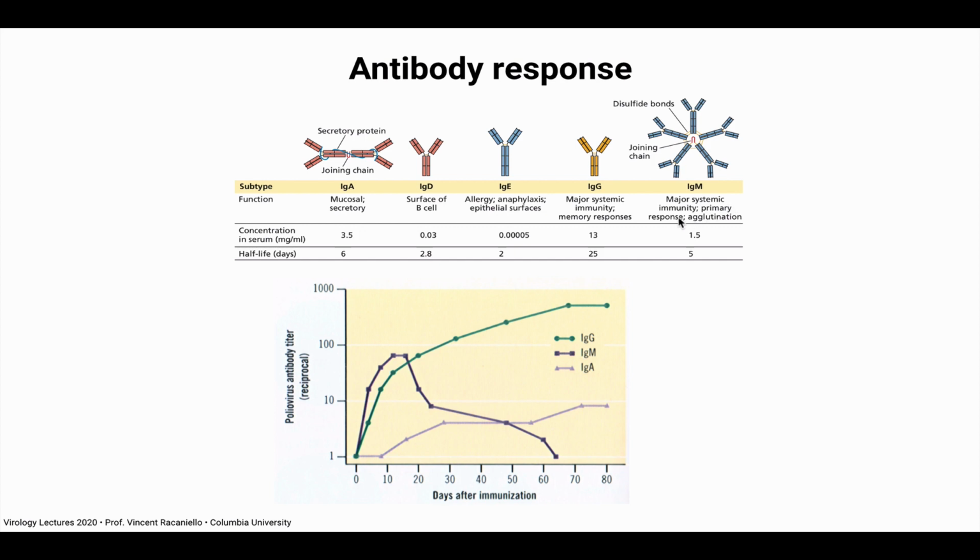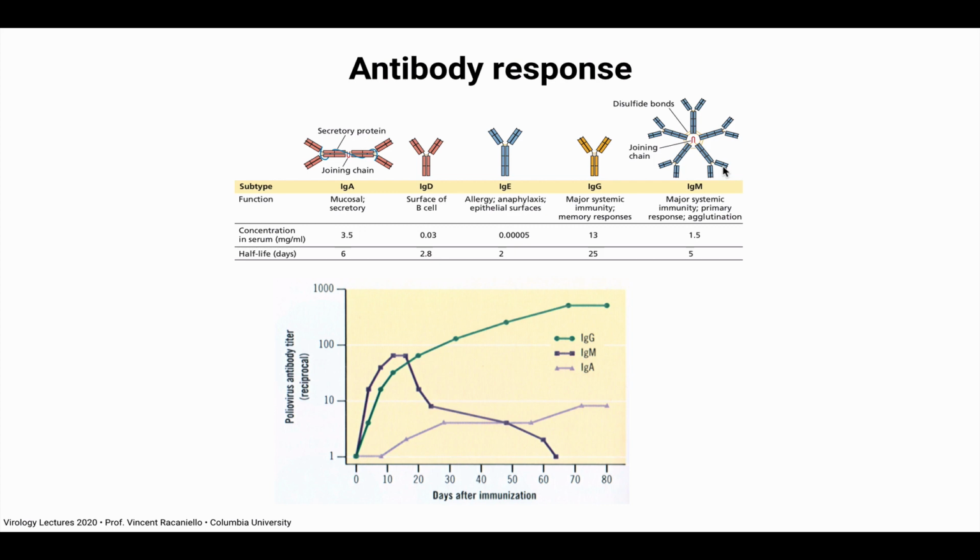When you're infected with a virus, the IgM is the first antibody that is made before the B cells have had time to undergo somatic mutation, for example, and selection for higher affinity IgG antibody. Because there are 5 IgM molecules joined in this complex, these individual antibodies may have low affinity for the antigen, but together they have a high avidity, so it makes up for not having the optimal antibody to bind the antigen.